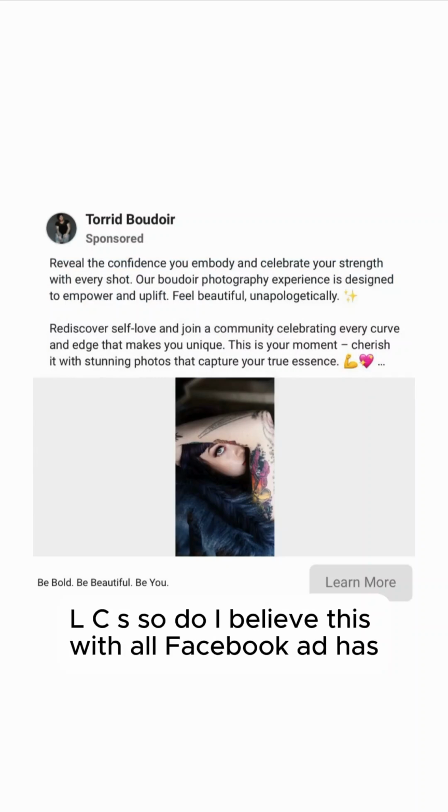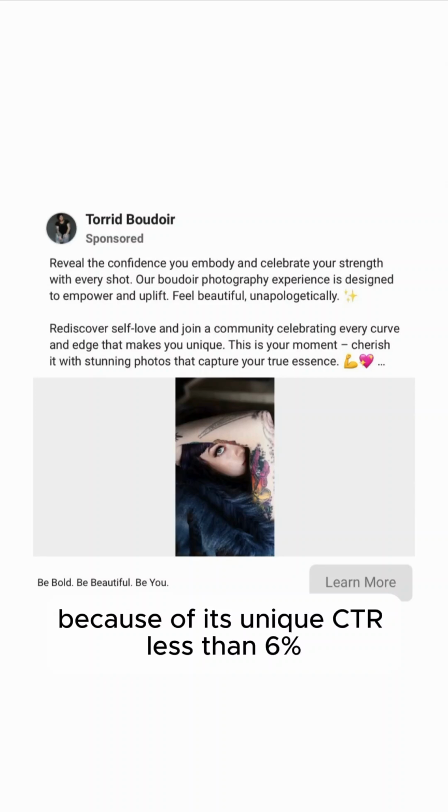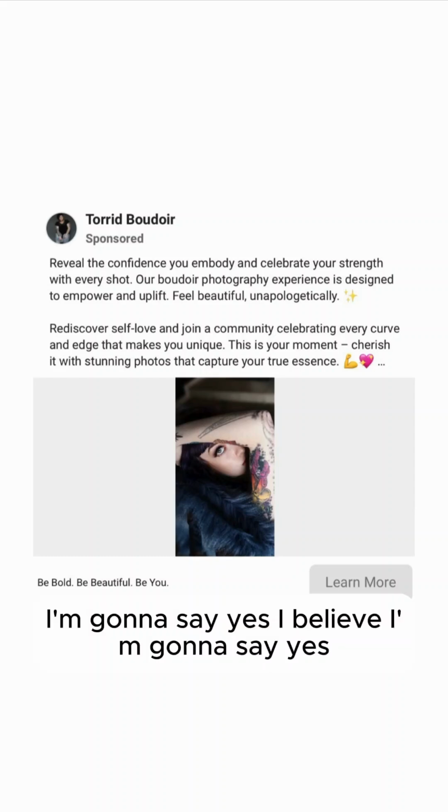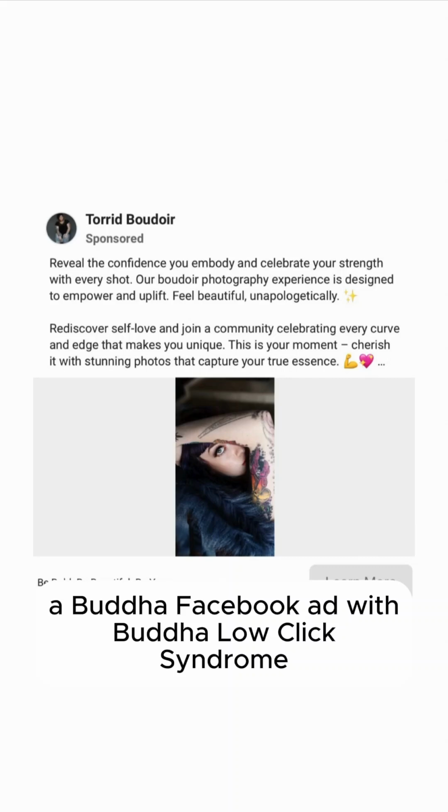So, do I believe this boudoir Facebook ad has BLCS, boudoir low click syndrome, because of its unique CTR less than 6%? I'm going to say yes. My diagnosis is yes. I do believe this is a boudoir Facebook ad with boudoir low click syndrome.